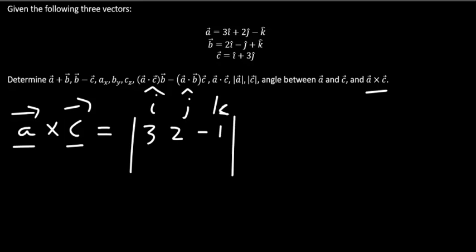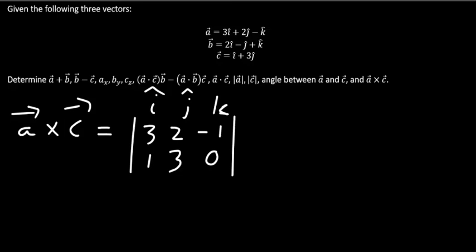Then the second row is occupied by the components of vector C. The x component of vector C is 1, the y component is 3, and there is no z component, so that is just 0. We are performing a vector product or cross product, so the result is a vector.